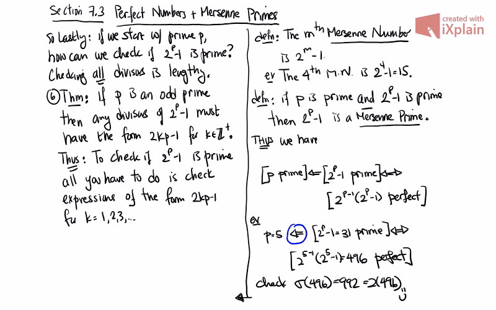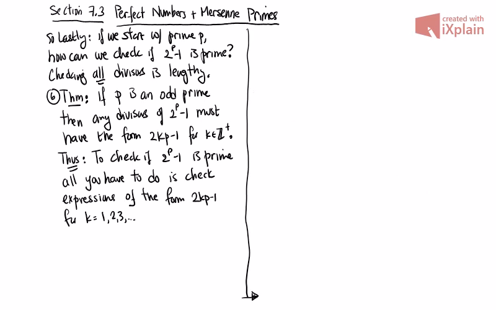And it turns out actually to be a little easier than this, in the sense that, well, we'll see. Let's look at a couple of examples here. So two examples. Remember the p equals 11. We saw this guy earlier. So let's consider 2 to the 11 minus 1. This was 2047.